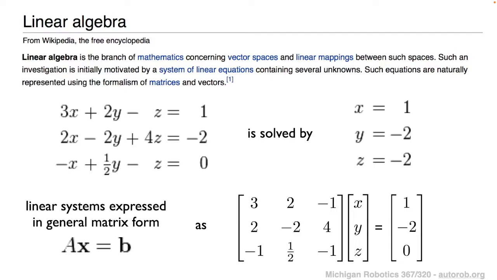We can express our unknown variables as a vector which we call x, the scalar multiplying parameters in a matrix which we call A, and the known parameters on the right hand side of the equations as a vector which we call B. Ultimately this set of linear equations can be described as the matrix multiply of A times x being equal to B.